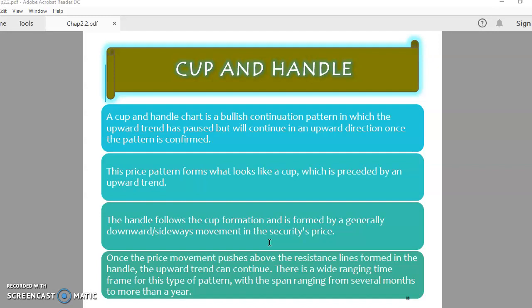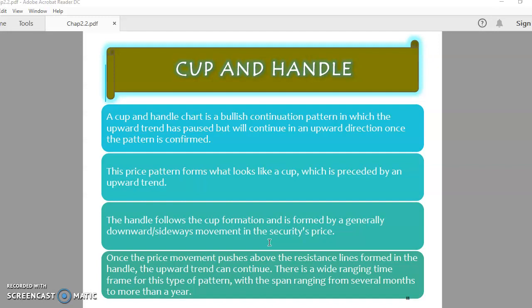Okay, then we will have cup and handle. So this formation of cup and handle is a very unique continuation pattern. A cup and handle chart is a bullish continuation pattern in which the upward trend has paused but will continue in an upward direction once the pattern is confirmed.